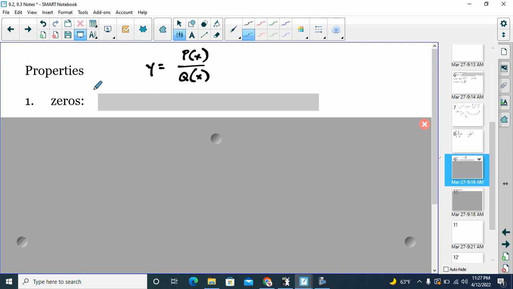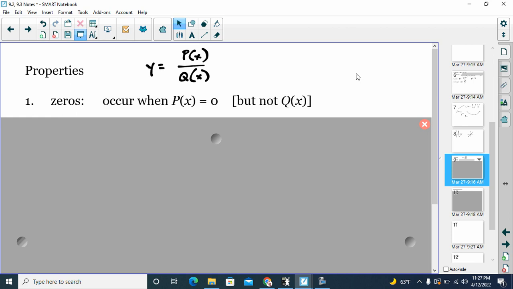Well, zeros, x-intercepts, I plug in 0 for y. So if I divide two things and I'm going to get 0, that means that the numerator needs to be 0. It has to be 0 divided by something. So to find zeros, we set p of x, the numerator, equal to 0. So zeros occur when the top is 0, but not the bottom.